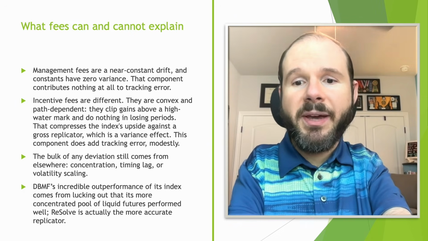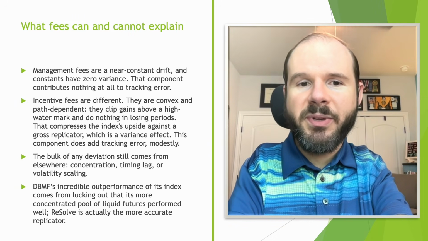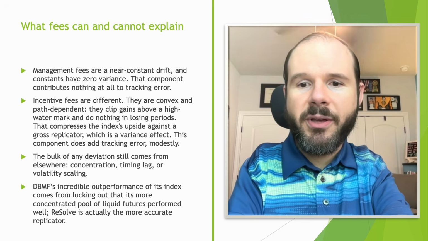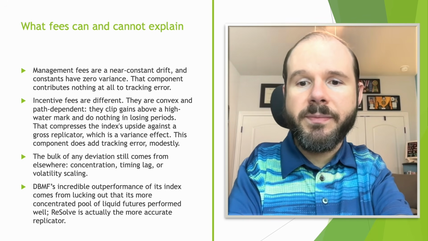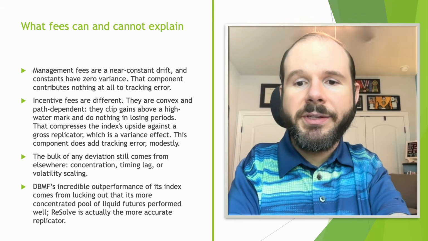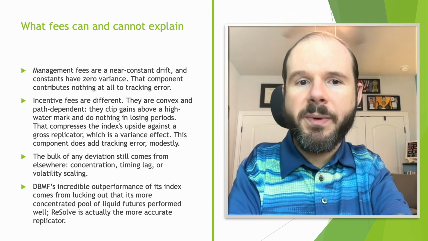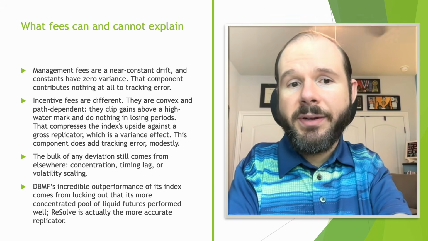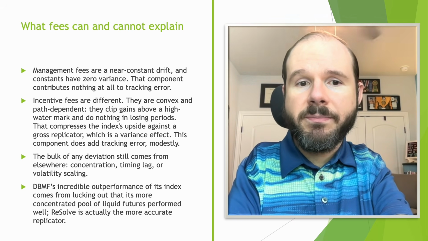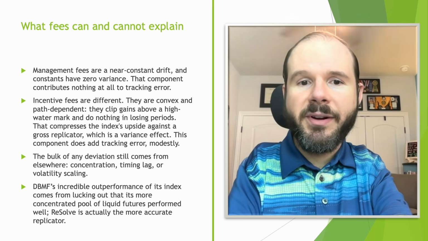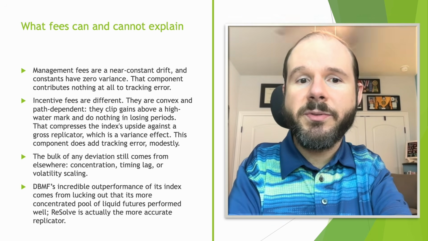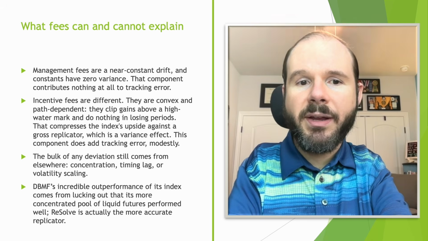And that brings me back to the whole fee conversation because in all of the published literature from the folks running DBMF, the constant explanation is, well, it's performing so much better because it gets rid of management fees. Well, management fees are a near constant drift, and constants have zero variance, so that component contributes nothing at all to tracking error.